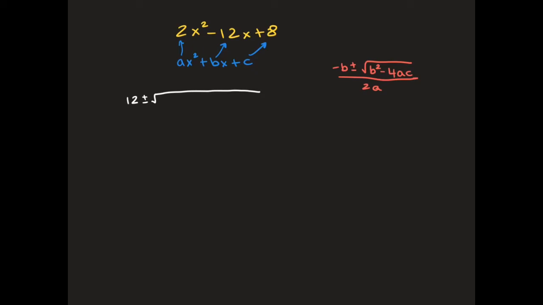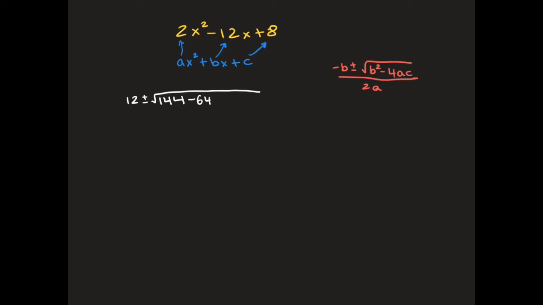and b squared minus 4ac. B squared is negative 12 times negative 12. That's positive 144, minus 4 times a times c. 2 times 8 is 16, and 16 times negative 4 is negative 64.